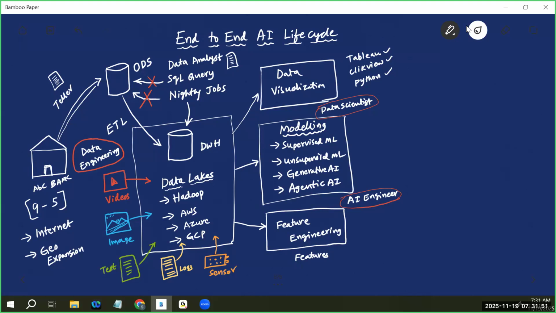This is another door. Say, okay, I got the algorithm, I understood the algorithm, we have created the model, but it is only beneficial when it is running in production, right? So the next step is something called deployment.